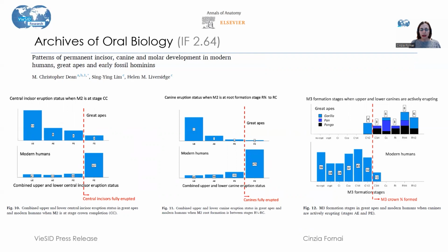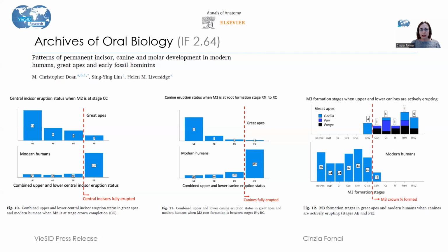Active eruption of the canines in great apes, however, occurs over a longer period of time, especially in male gorillas, where it might take 2 to 3 years to reach full eruption, whereas in humans, active eruption may take 8 to 18 months. Relative to the time of active canine eruption, great ape M3 development is advanced and human M3 development is delayed and more variable.